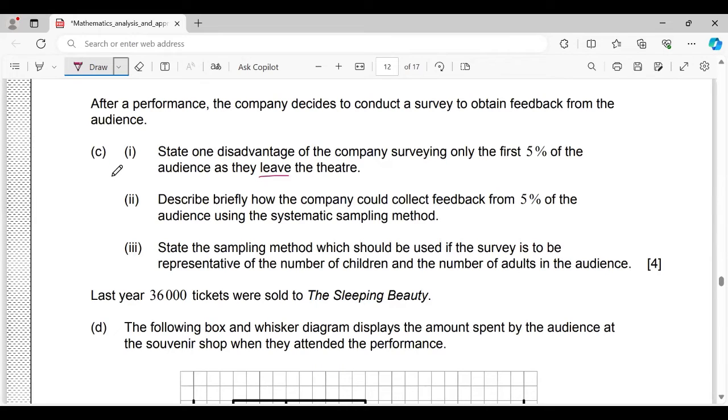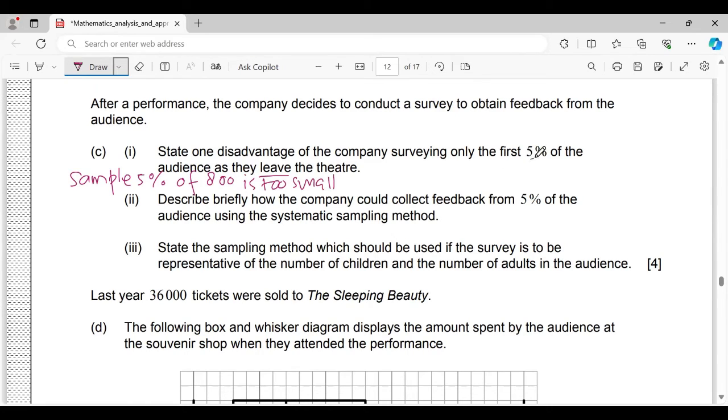So sample 5% of 800 is too small. Supposed to be a sample around 30%.